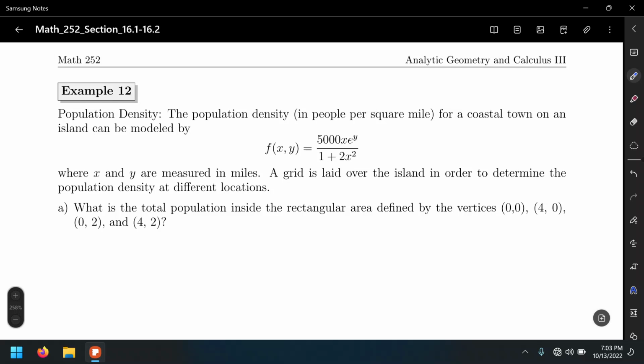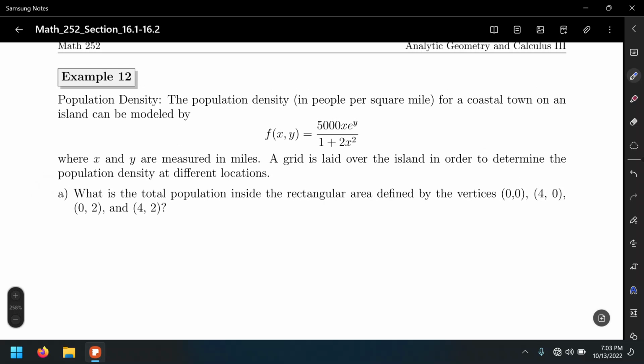So let's do an application to find population density. You know how sometimes when we're reading statistics about population, typically they're telling us some kind of average population size from communities.